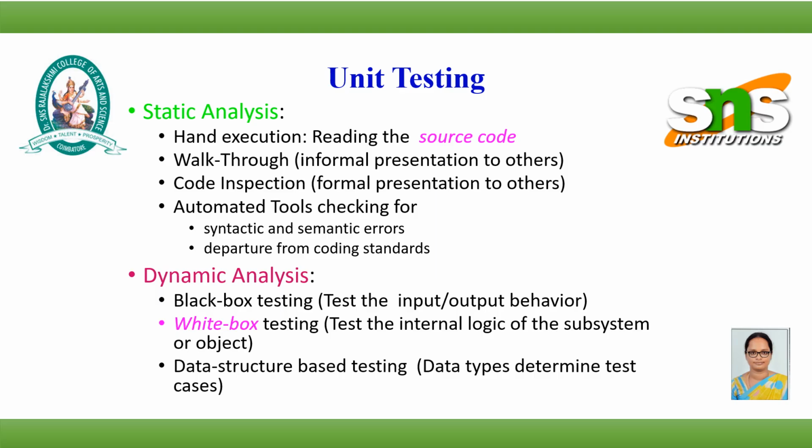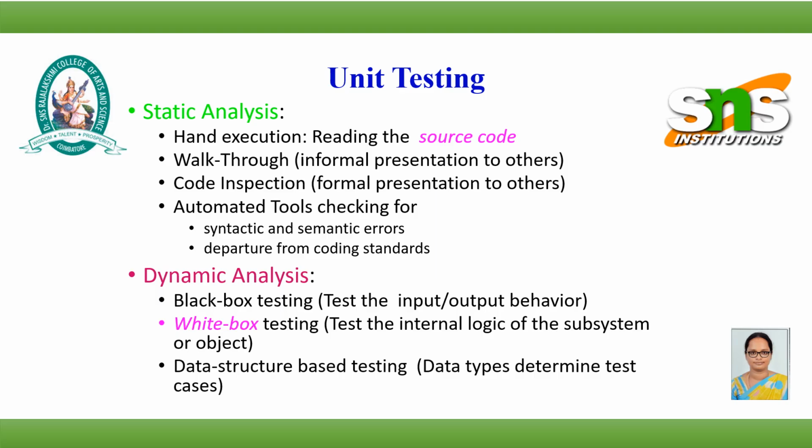In unit testing, we have two analyses, static and dynamic. Static means hand execution. It reads the source code, and we have to walk through it and also perform code inspections. Automated tools check for syntactic and semantic errors and departures from coding standards.